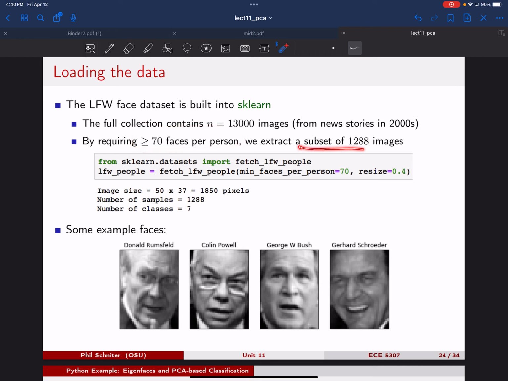By doing so, we get a subset of 1,288 images. These are labeled faces in the sense that you have the face itself, and then you have a label of whose face it is. Here are some examples. These are all political people from the 2000s. The number of classes is how many different people's faces we have, and each face is 50 by 37.